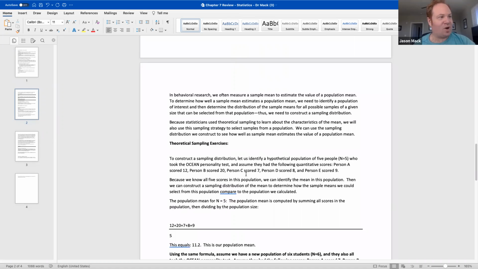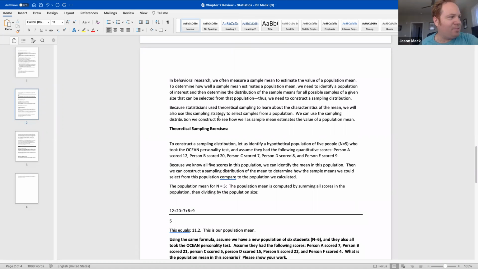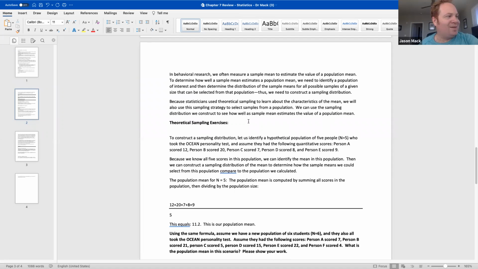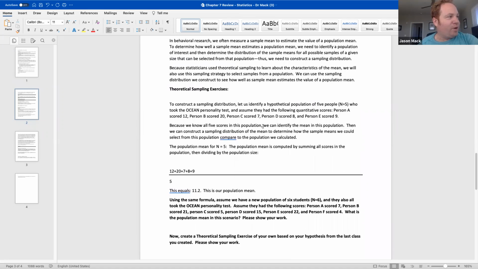Thus, we need to construct a sampling distribution. Because statisticians use theoretical sampling to learn about the characteristics of the mean, we will also use this sampling strategy to select samples from a population. We can use the sampling distribution we construct to see how well the sample mean estimates the value of the population mean. Theoretical sampling exercise.